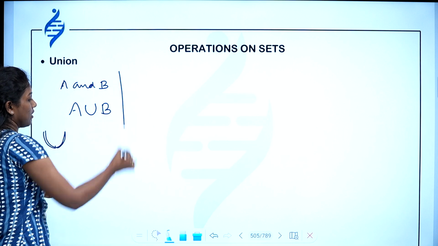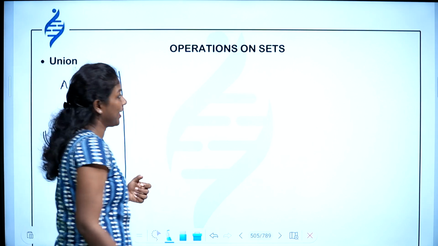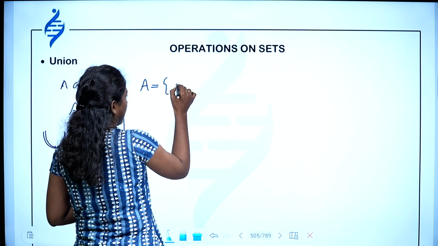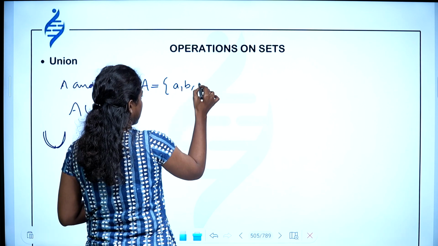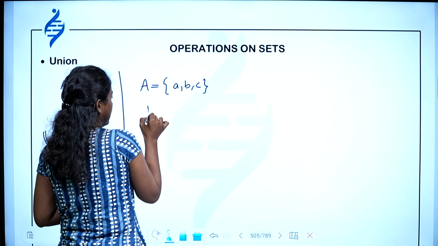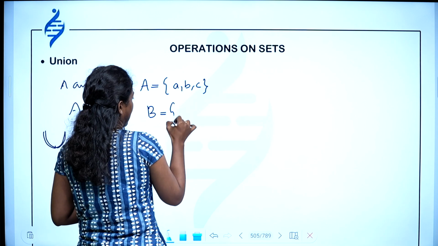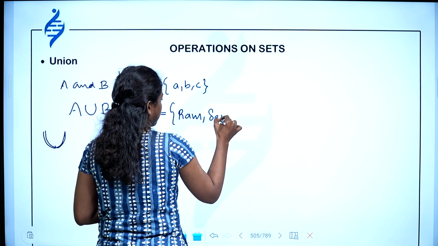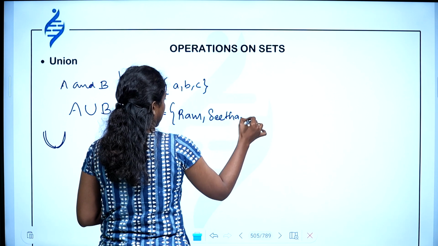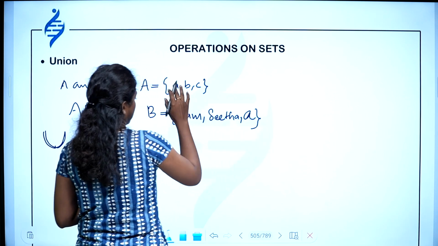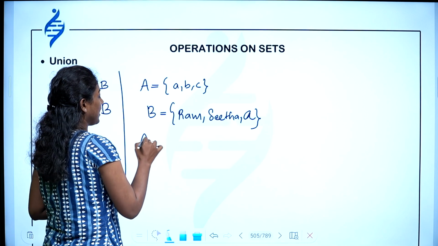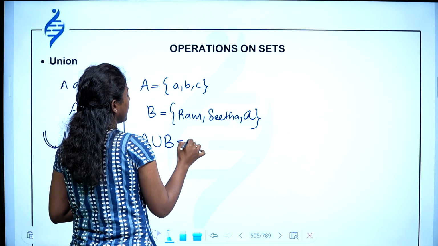So I am taking two sets. I am taking set A as A, B, C. I am taking set B as Ram, Sita, and this element A. So I am taking the union. How will I take the union?